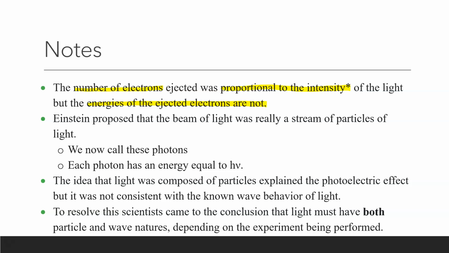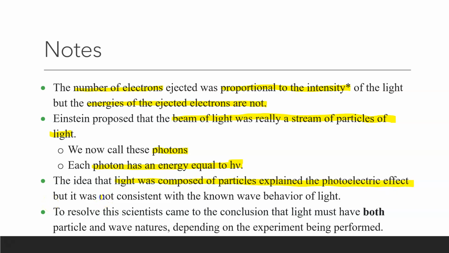So Einstein saw this and proposed that the beam of light was really a stream of particles of light. We now call these photons, and we know that each photon has an energy equal to h times nu, or frequency. The idea that light was composed of particles explained the photoelectric effect.